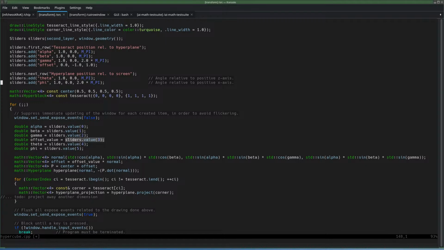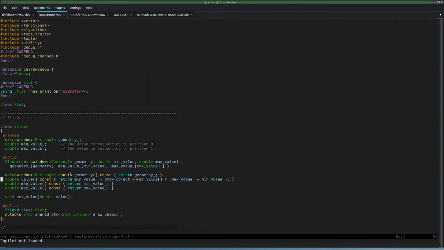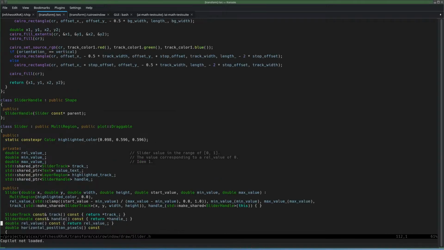Yeah, I mean, normally you would return a handle cache. I could even return a double reference, maybe, if value is a reference. Sliders value does not return a reference. Nope.